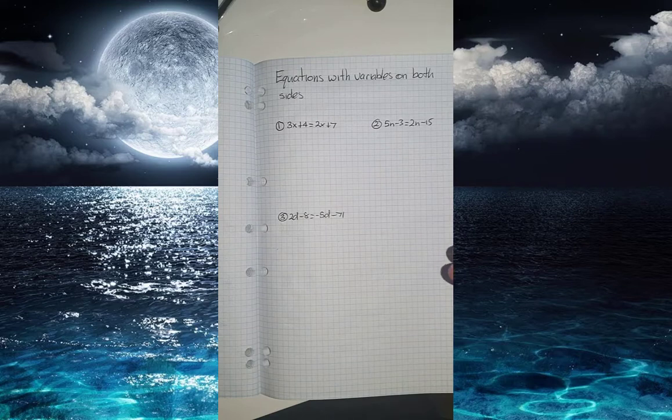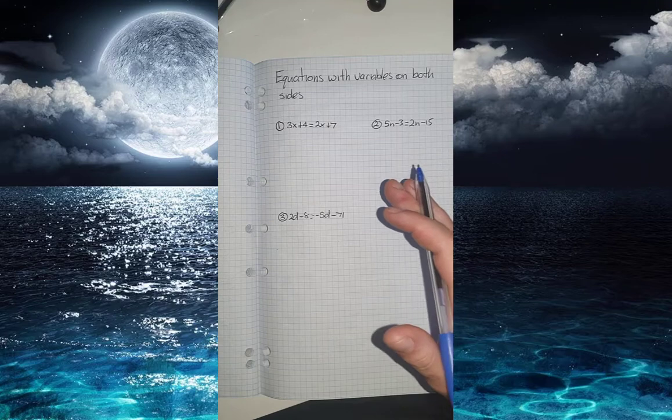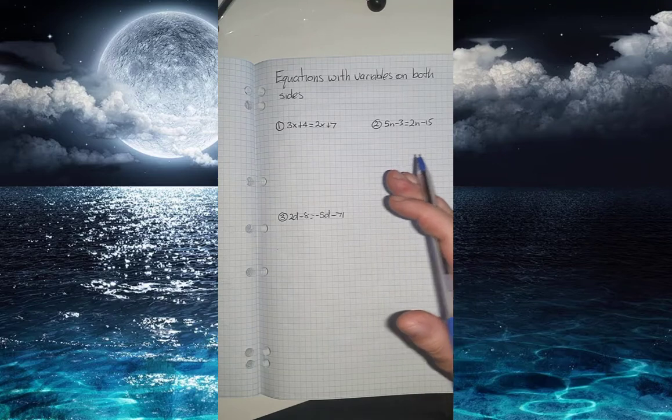I like to do this in an ordered way. Sometimes this will vary depending on the numbers we're dealing with, but for all intents and purposes, let's move the pronumerals over to the left, and then move all the non-pronumerals over to the right.